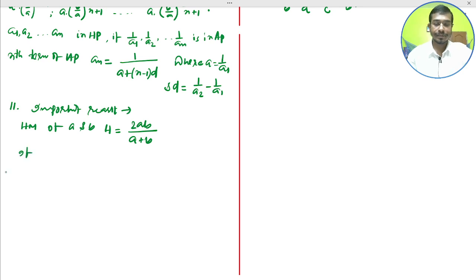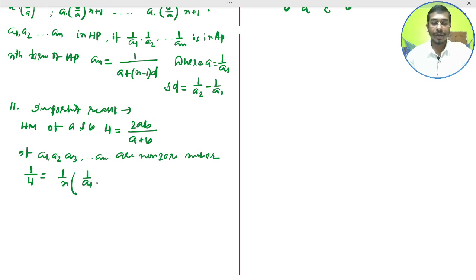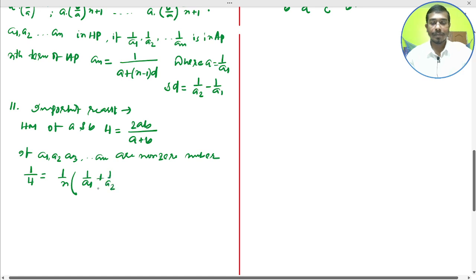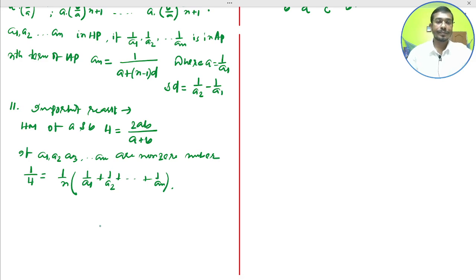Suppose A1, A2, A3, ..., An are non-zero numbers, then 1/H equals 1/n into (1/A1 plus 1/A2 plus ... plus 1/An). Okay.